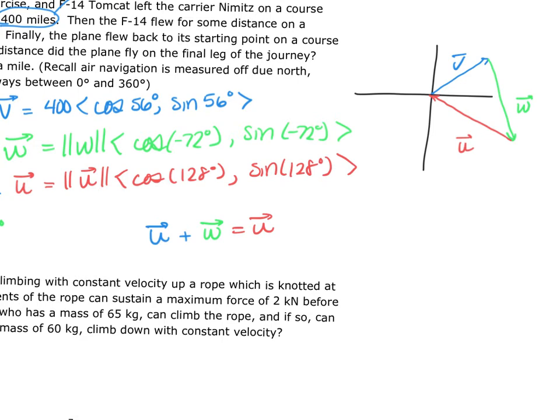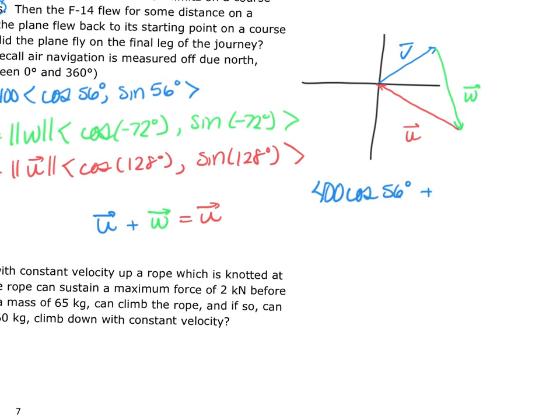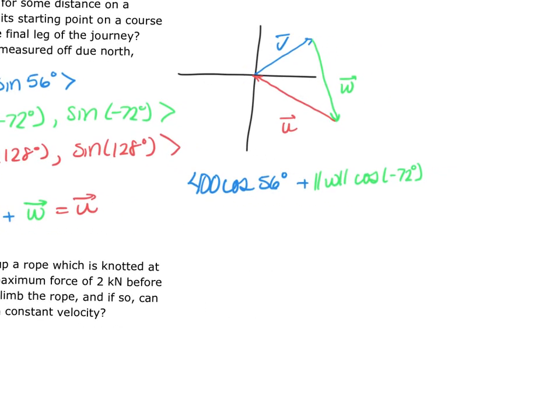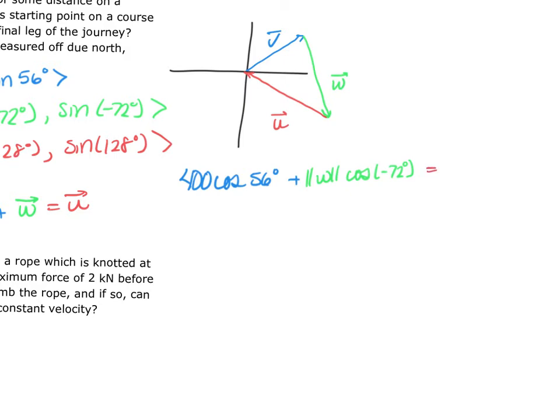So, looking at it component to component, the 400 cosine of 56 degrees plus the magnitude of w times the cosine of negative 72 degrees has to equal the magnitude of u times the cosine of 128 degrees.